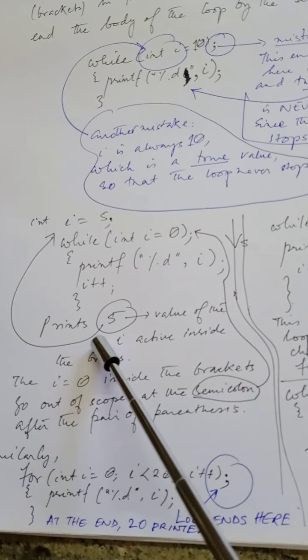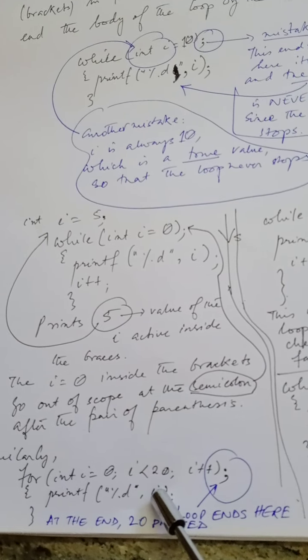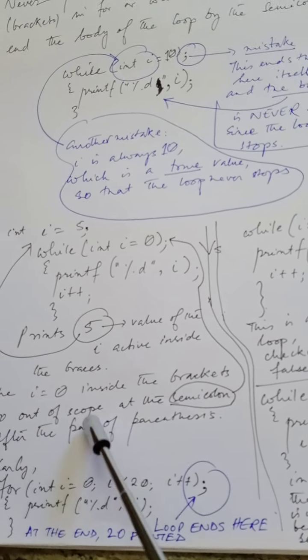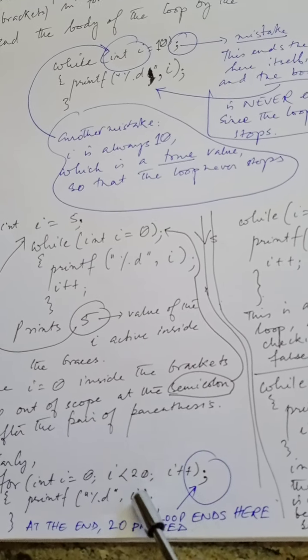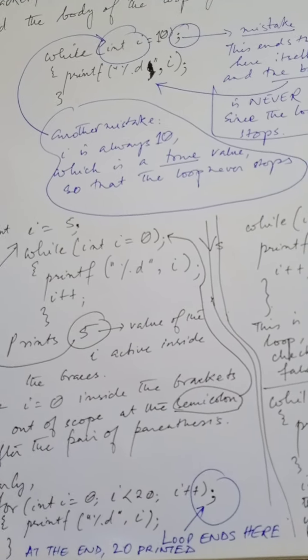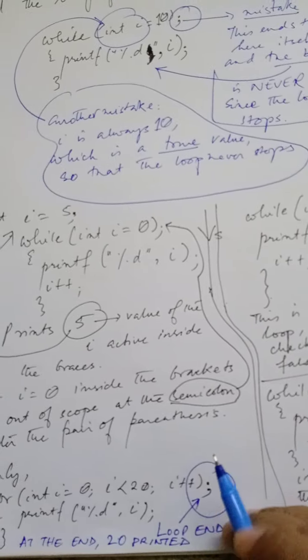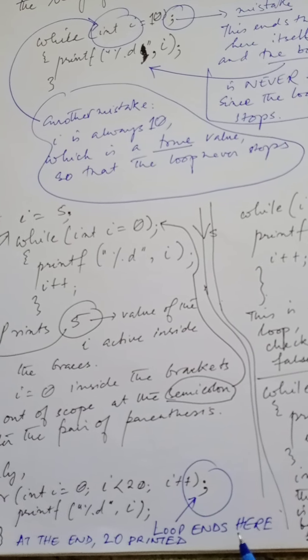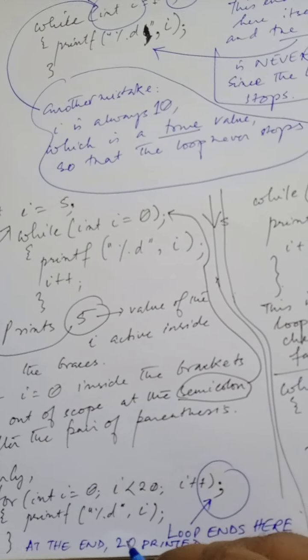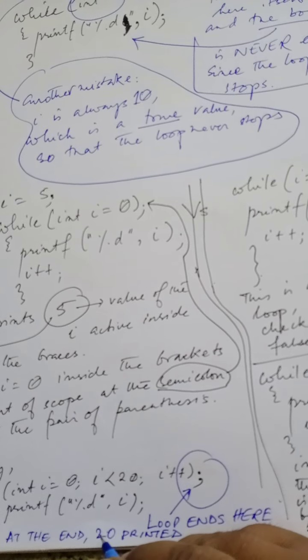If there is an I before, that appears here. See, if there was another I here which is 15, then it appears here, but the 20 here is lost. Okay, so sorry, there's a misprint here. So when the loop ends here, at the end, basically nothing is printed.